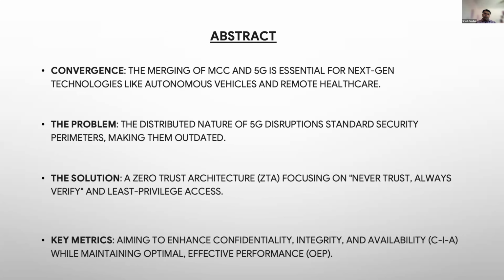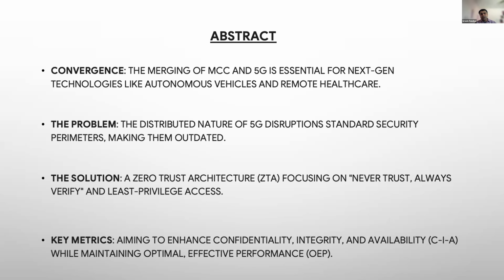The convergence, the merging of MCC and 5G, is essential for next generation technologies like autonomous vehicles and remote healthcare devices. The problem that we are facing is that the distributed nature of 5G makes standard security parameters outdated most of the time. Due to these dynamic technology changes, they are getting outdated within 6 months or 1 year.